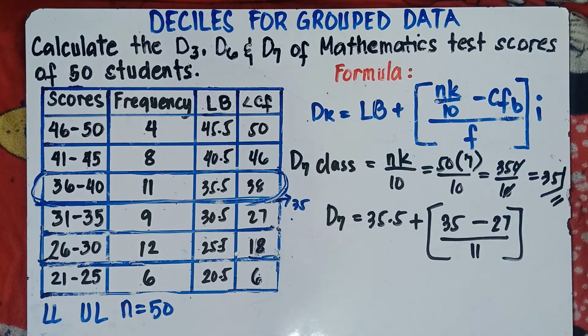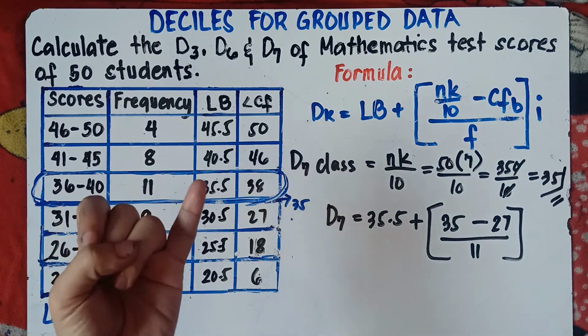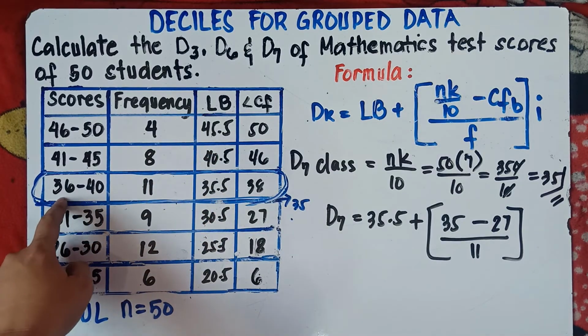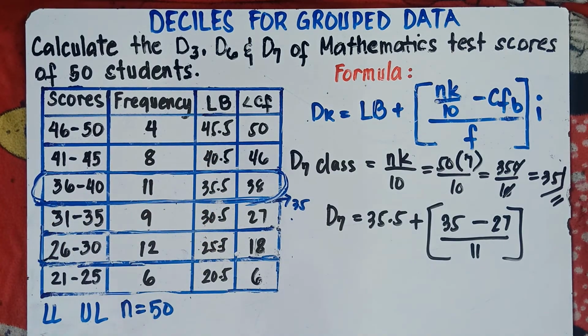And then our class interval, once again, 36 to 40: 36, 37, 38, 39, 40. Just count the scores, 36 to 40. So the interval is 5.